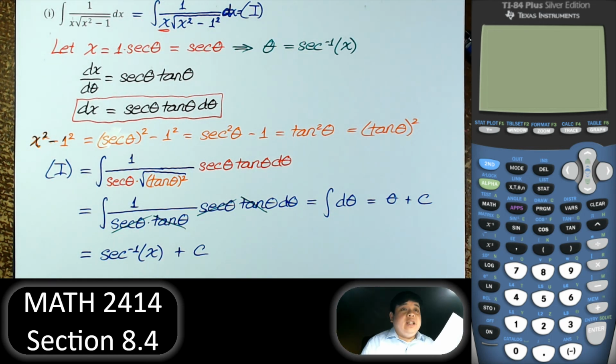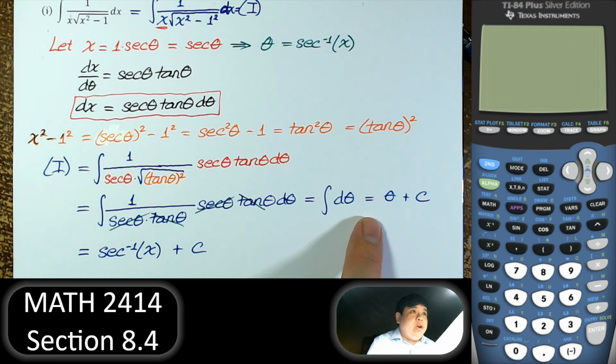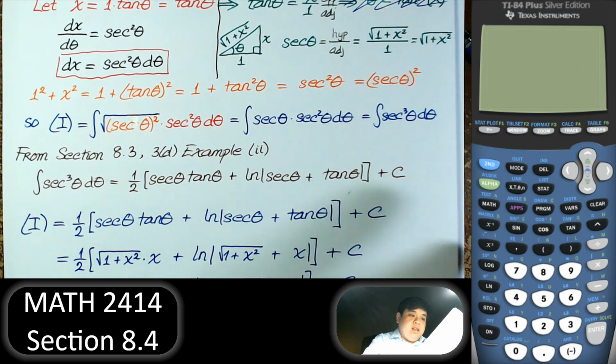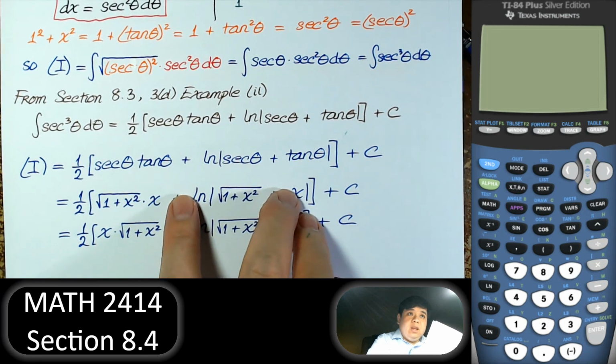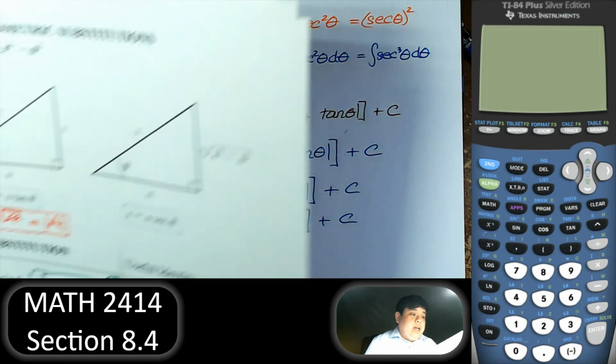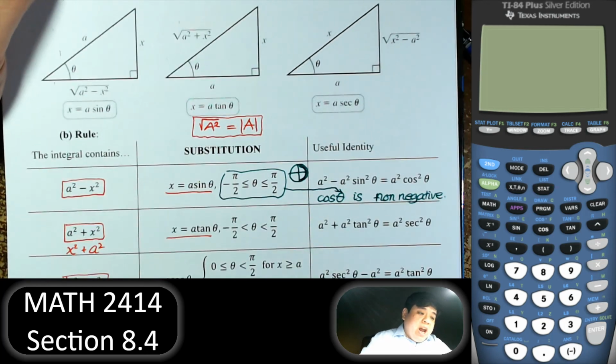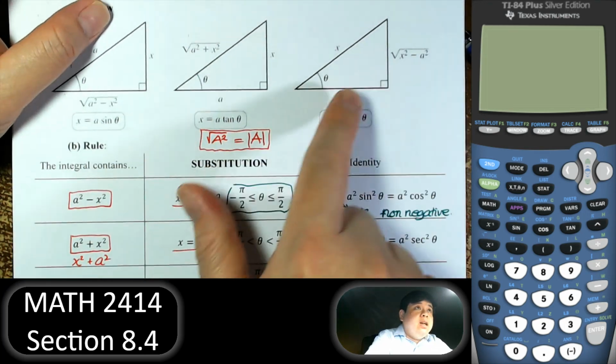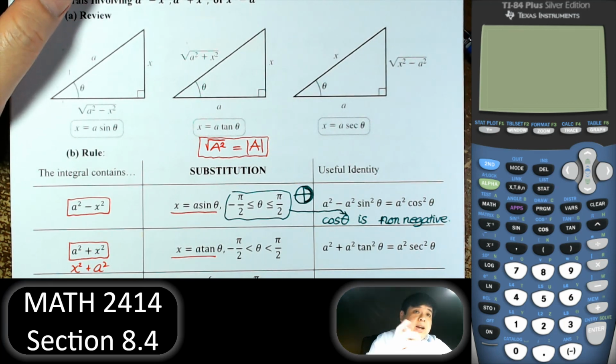And like I said, in this section there are only 3 cases, and we just follow that exactly as is. Sometimes it works out nicely and we don't have to do much. Sometimes it is very complicated. That depends on what integral we have after that. Usually when we have the square root, then this will come in handy.